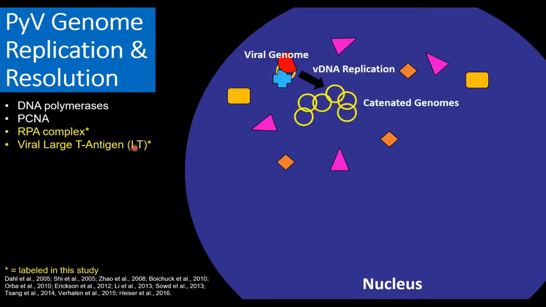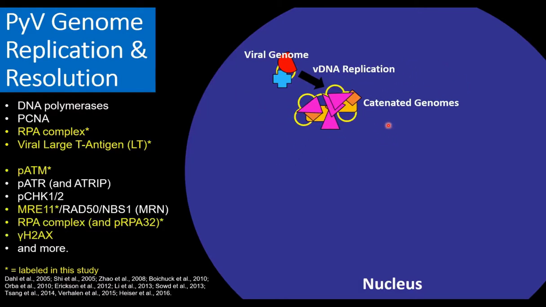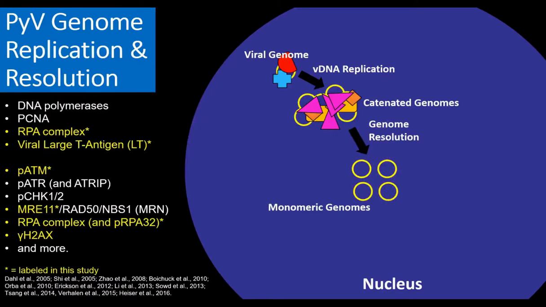The DNA replication products are catenated, or interlocking, circular genomes. These genomes can't be packaged into viruses as they are, but cellular DNA damage response proteins, such as these, are recruited and mediate the resolution of discrete monomeric viral genomes, which can then be encapsulated by the late proteins VP1, 2, and 3. This process is relatively consistent between polyomaviruses, but all the work I'm showing you today is from mouse, or murine, polyomavirus, which we use as a model for the family.